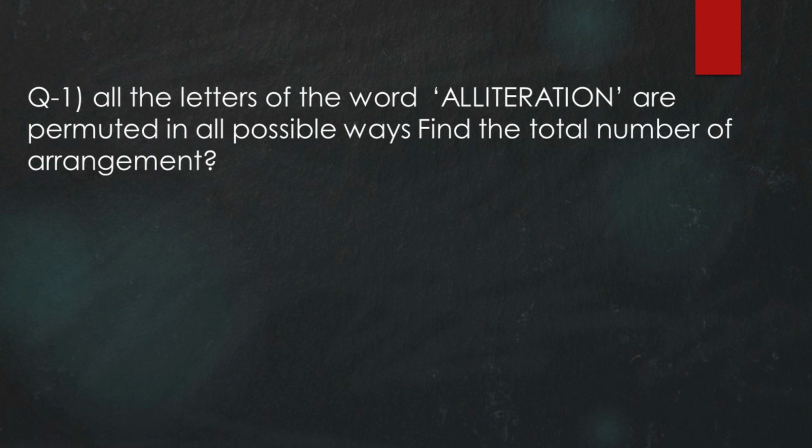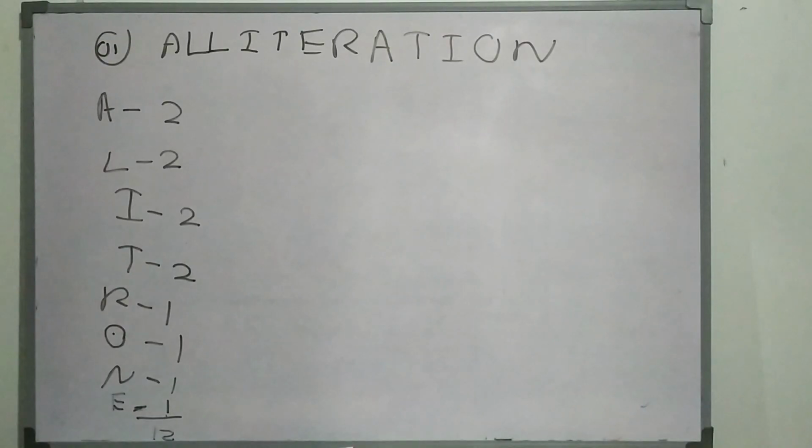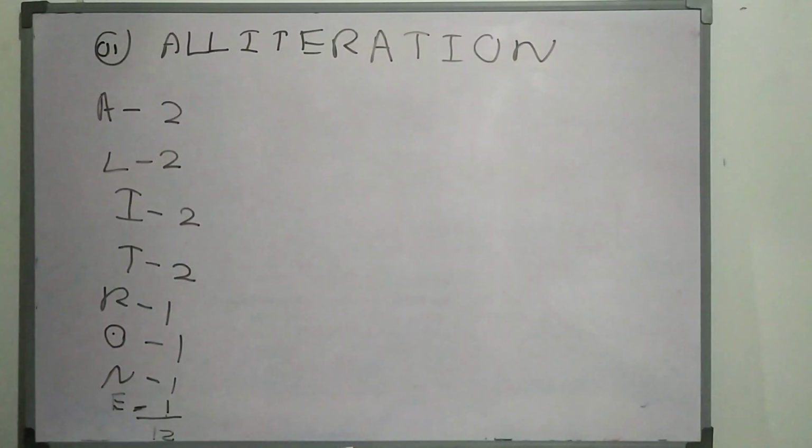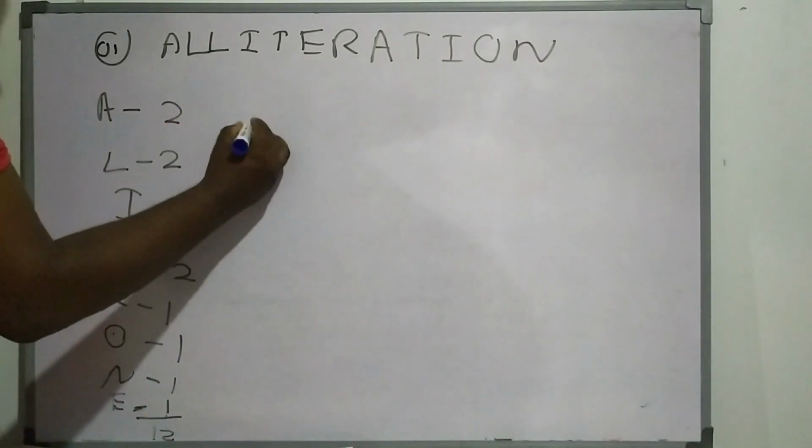First thing, you should write the word and write down the number of each letter: A2, L2, I2, T2, R1, O1, N1, and also E1, right? All together it's 12, but you can see A, L, I, T have 2 letters each, right?